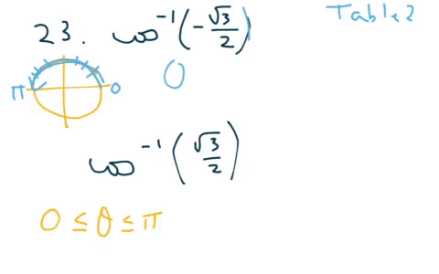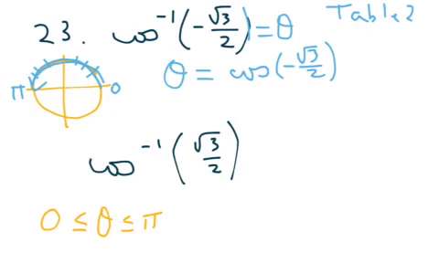we're seeking theta, or you can set this to theta, cosine of negative root 3 over 2. When you look for negative root 3 over 2, you get theta equals 5 pi over 6. Okay?